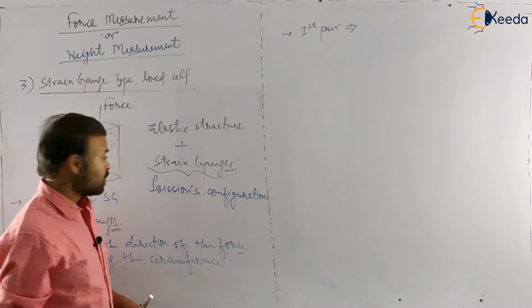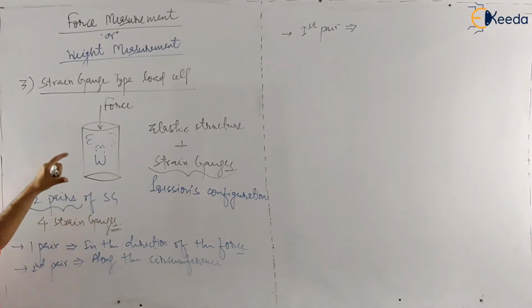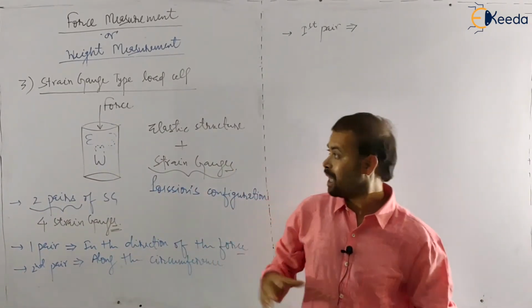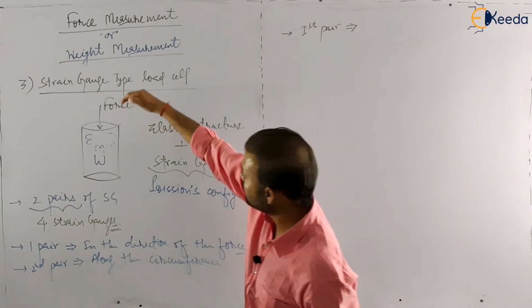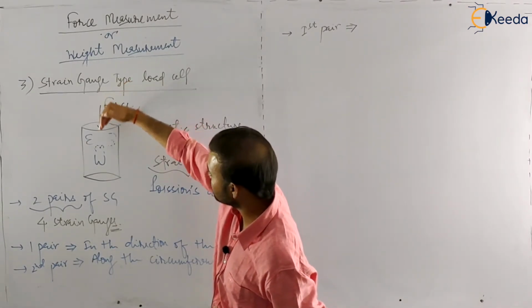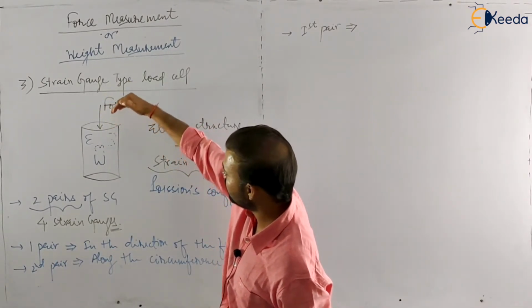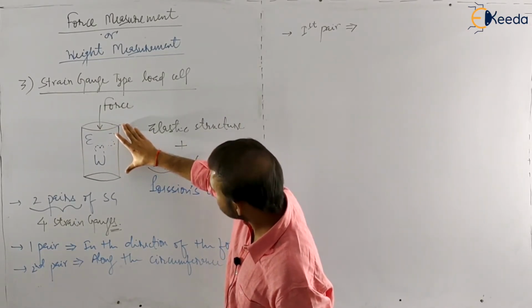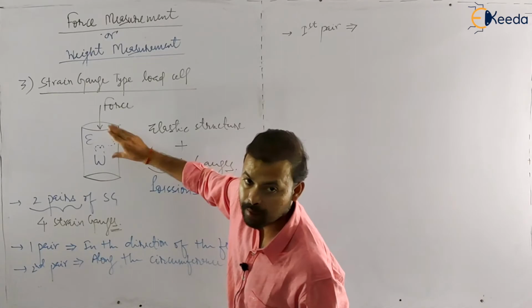If the first pair is in the direction of the force, then what happens when the force is applied, for example, like this on this elastic structure? This elastic structure will be compressing.